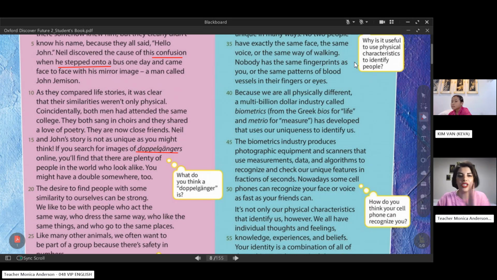A person who is almost identical to another, the same. So let me show you. Doppelgangers. Okay. Doppelganger.